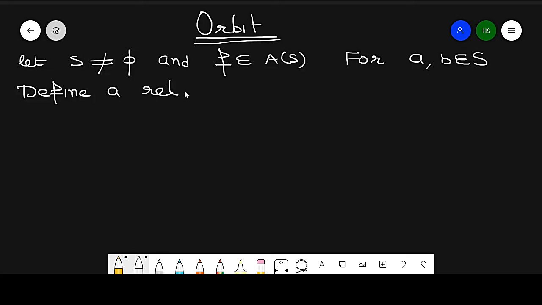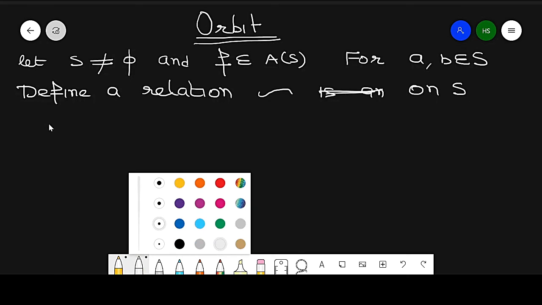We define a relation on set S. So what is the relation?